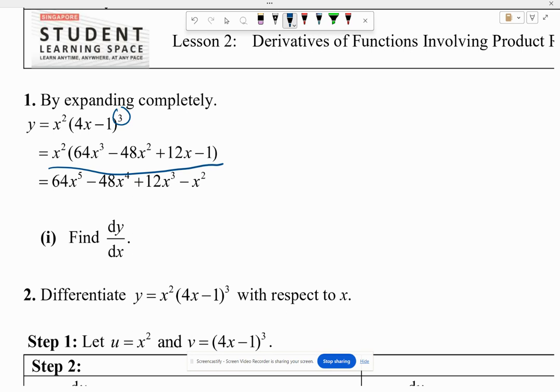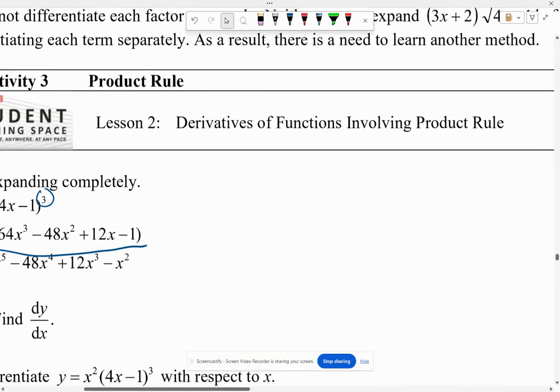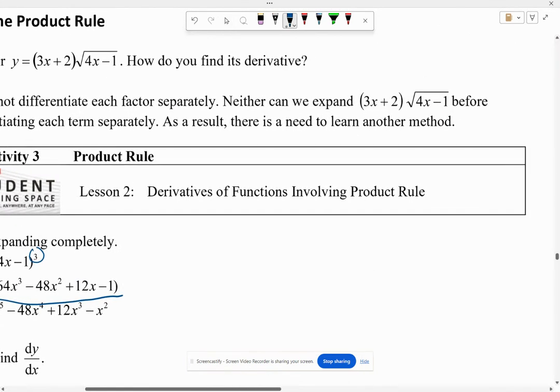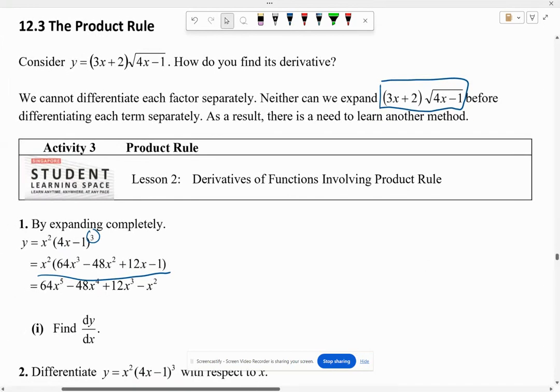By then you expand everything, it's going to be very tedious. Likewise, if you have this u times v, where u is 3x plus 2 multiplied by square root 4x minus 1, it's going to be impossible to expand this before we want to differentiate each term separately. So therefore, we need to learn product rule.